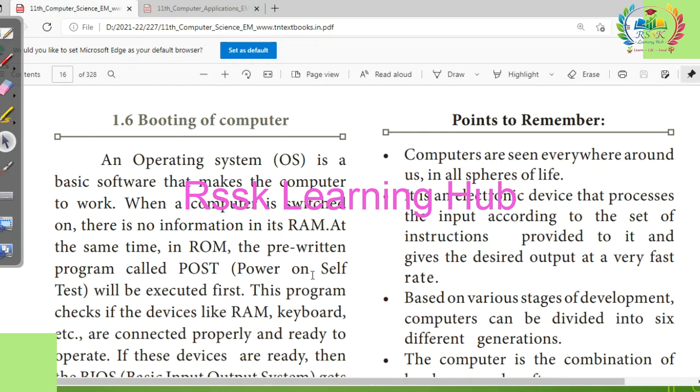RAM means random access memory. At the same time, ROM means read only memory. ROM already has written content, which is just read for POST.